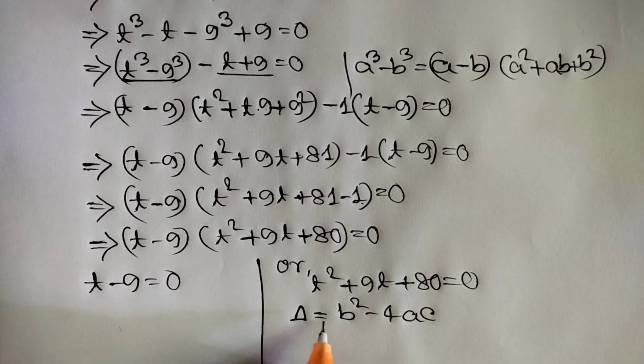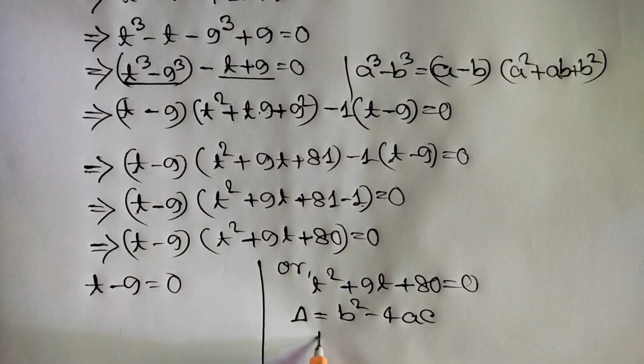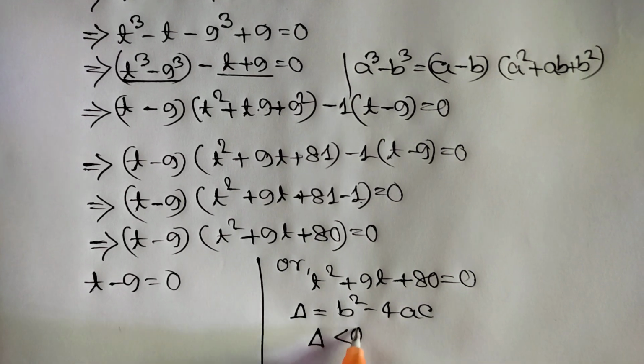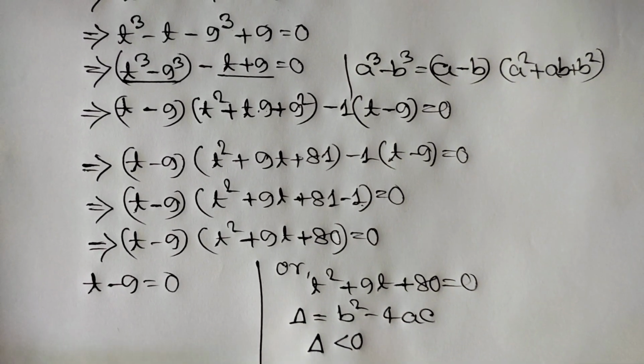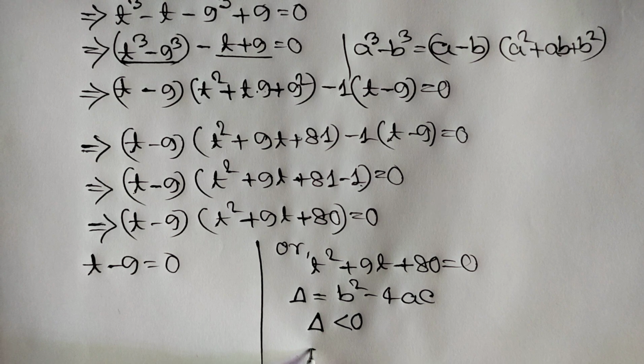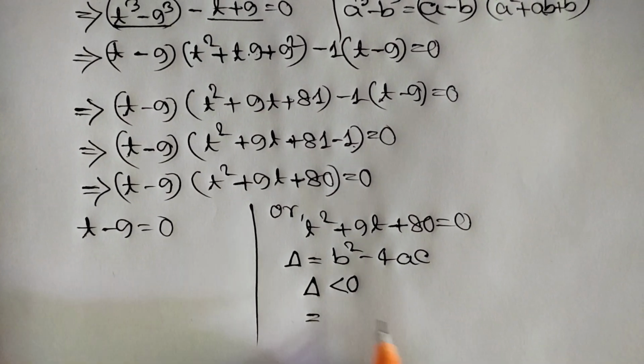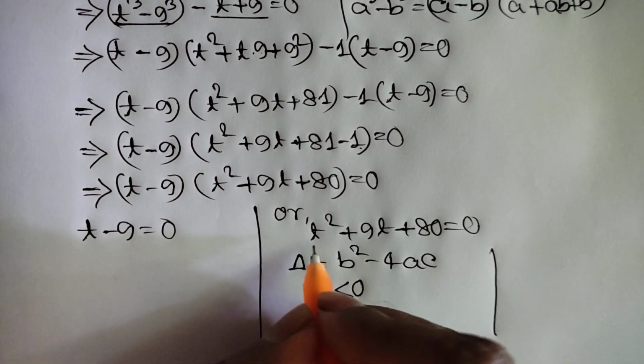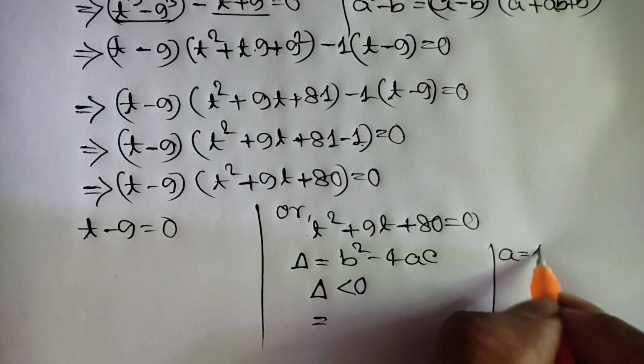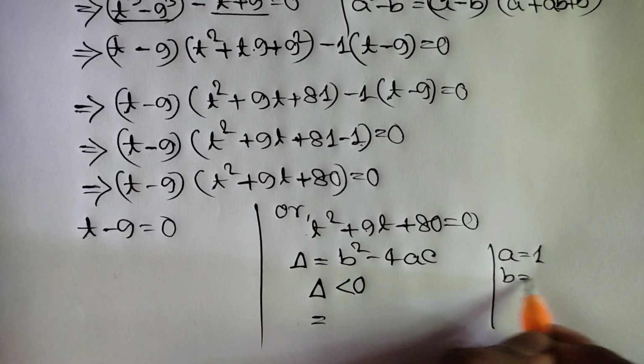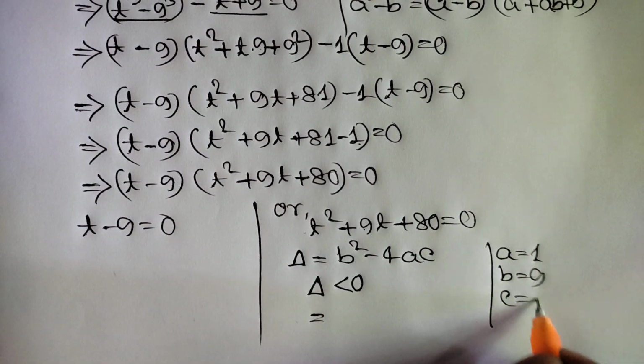But remember, if delta is less than 0, then there are no real solutions. Here a is equal to 1, b is equal to 9 and c is equal to 80.